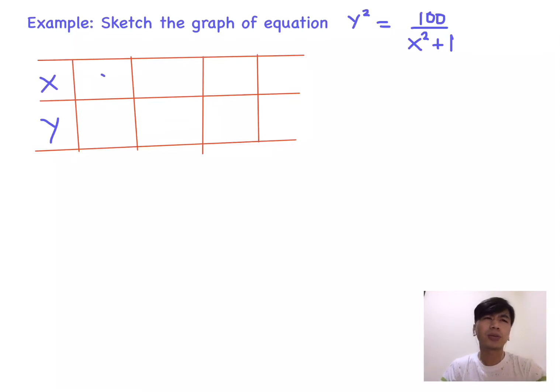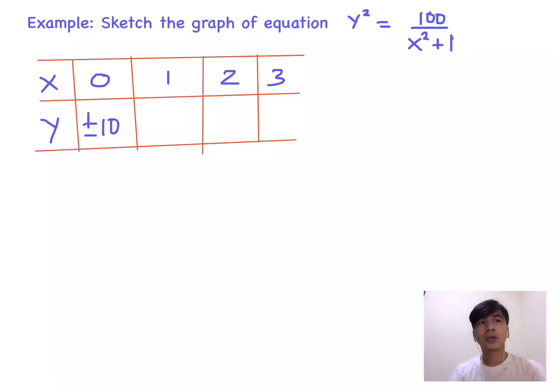So let's start with x equal to 0, and then 1, 2, and 3. If x equals 0, then we have 100 divided by 0 squared plus 1. So 100 divided by 1 is 100, and then we get y squared equals 100, which means that y is plus or minus 10.